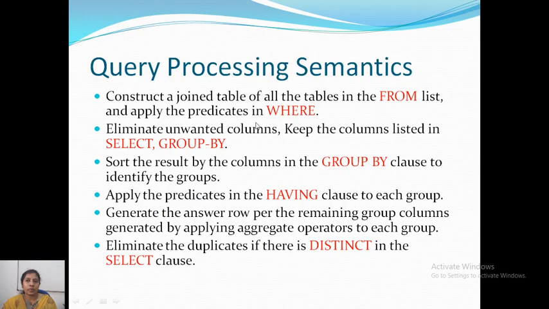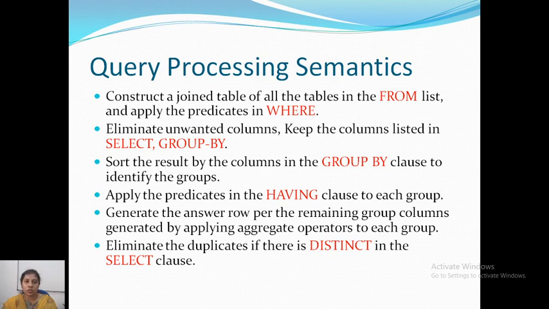Now we'll see the query processing semantics, like how the execution of this query will take place inside the storage engine. First you need to construct a joint table of all the tables in the from list. First it will see what all the tables or relations you have mentioned in the from clause.